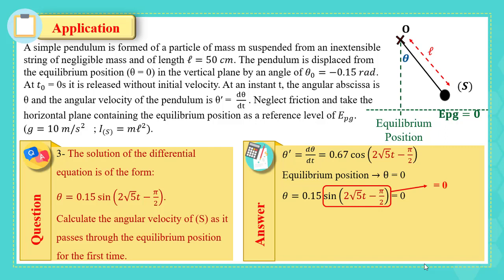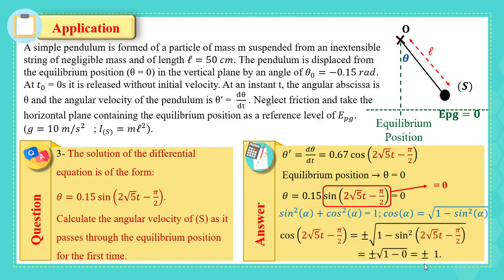How can this information help us? We know that sine squared alpha plus cosine squared alpha equals 1. That means cosine alpha can be written as radical 1 minus sine squared alpha. So if we have sine of an angle 0, then cosine alpha here is 1. We can say then cosine(2 radical 5t minus pi over 2) equals either plus or minus 1.